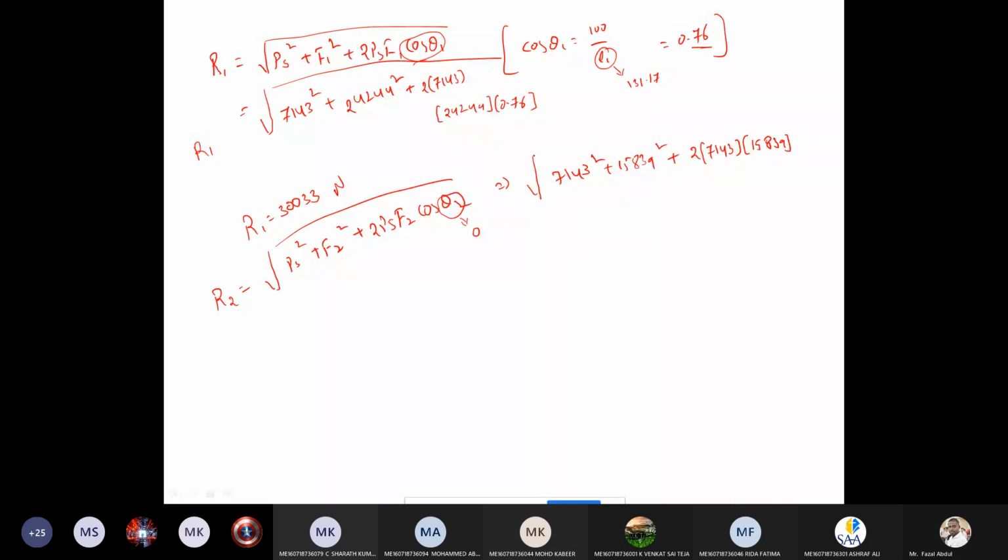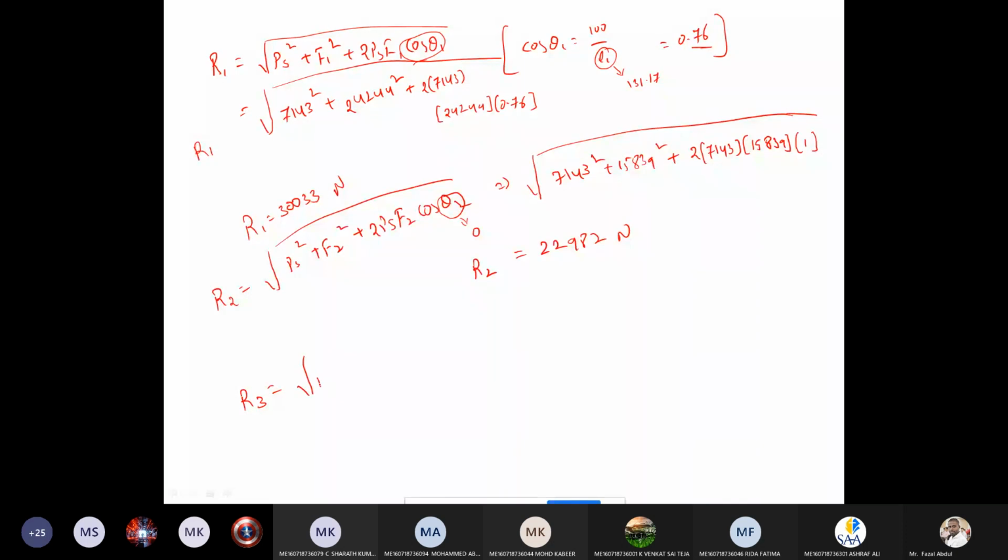How much was cos 0? Tell me the R2 value. Double two 982. Very good. Double two 982 newtons.